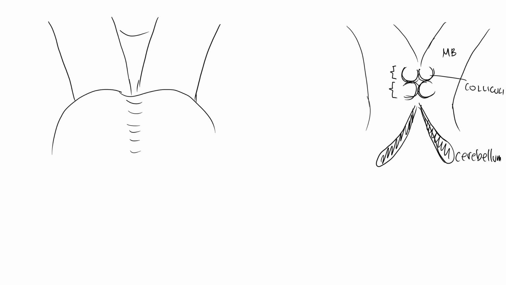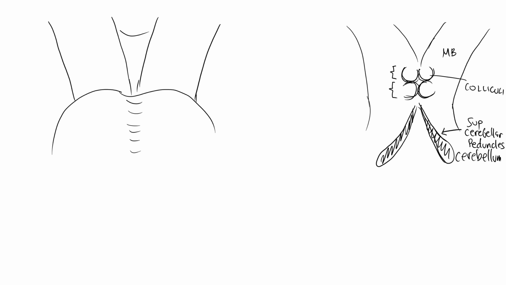So these two structures are your superior cerebellar peduncles. Anteriorly you won't find that, and so basically that's the main features of your midbrain.